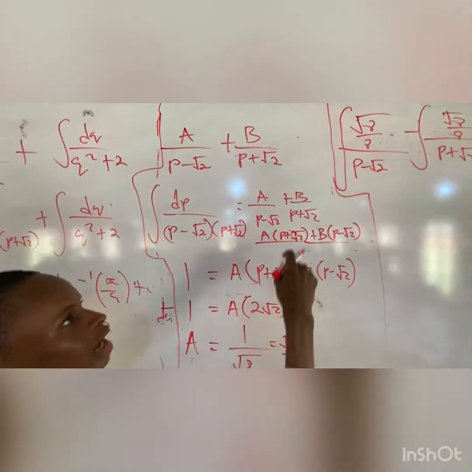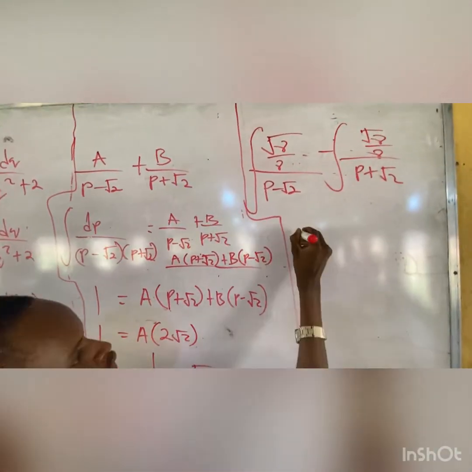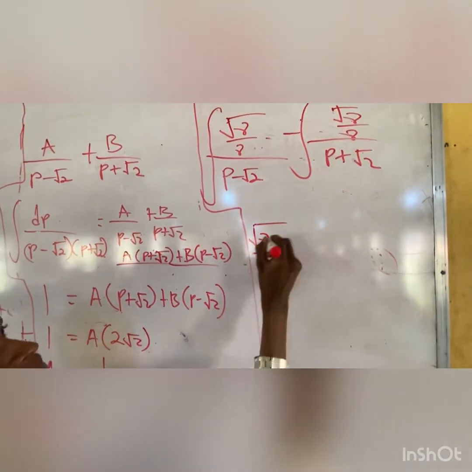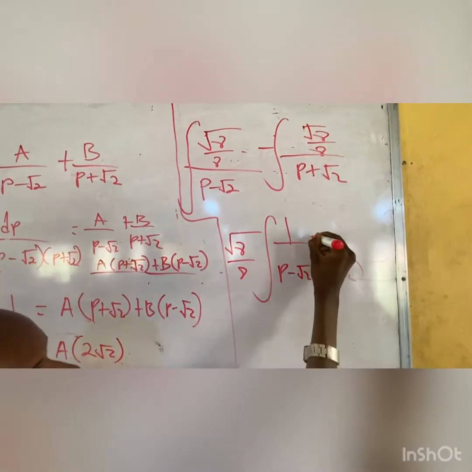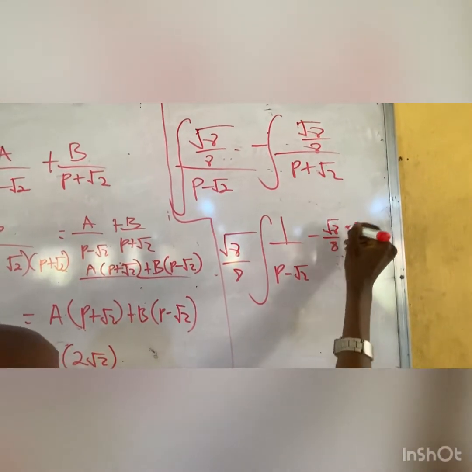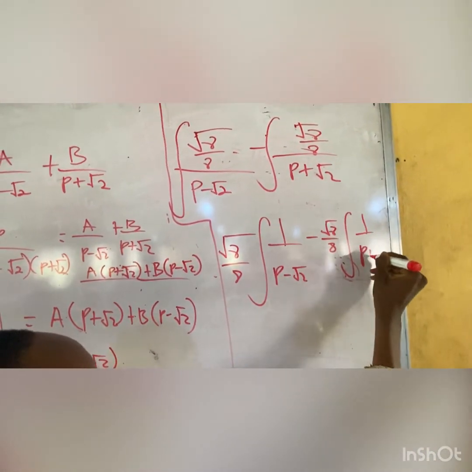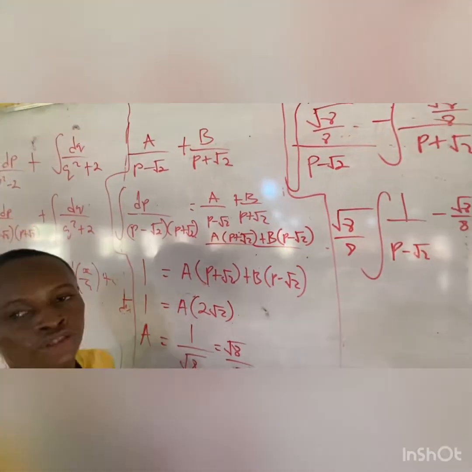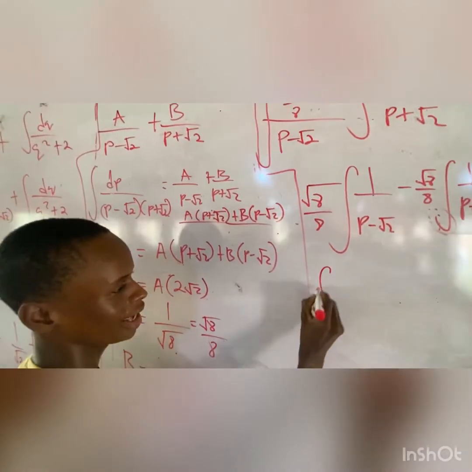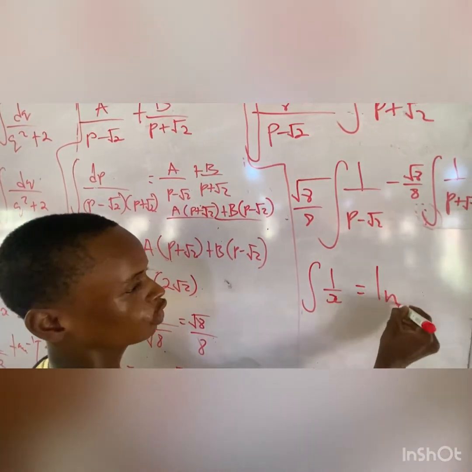Now factorizing out the square root of 8 over 8. So this is the square root of 8 over 8 times the integral of 1 over P minus root 2, minus the square root of 8 over 8 times the integral of 1 over P plus root 2. Now, you know the integral of 1 over x is the natural log of x.